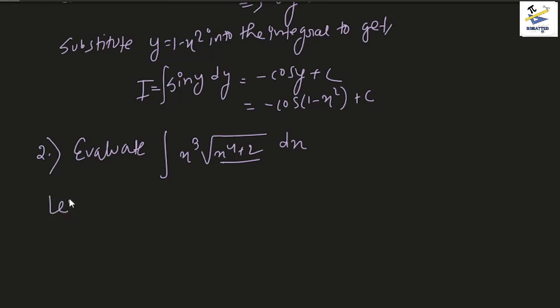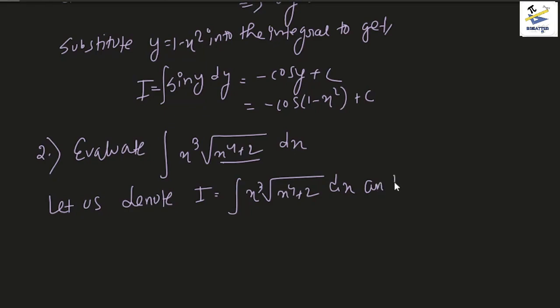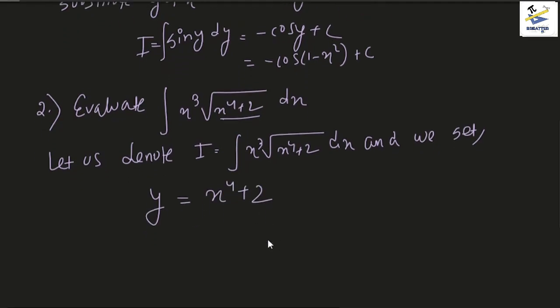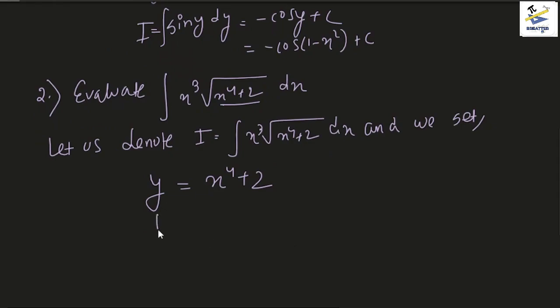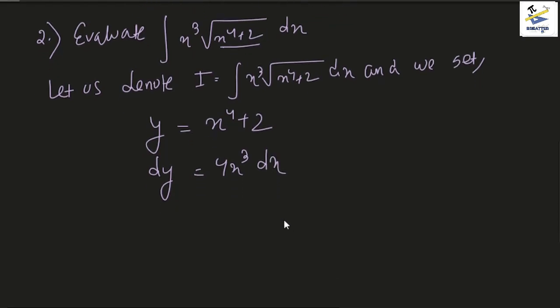What we are going to do is this. First we denote the integral by capital I, which is x cube into root over x to the power 4 plus 2 dx, and we set y equals x to the power 4 plus 2, because when we differentiate both sides, what we get is dy equals 4x cube dx, right?